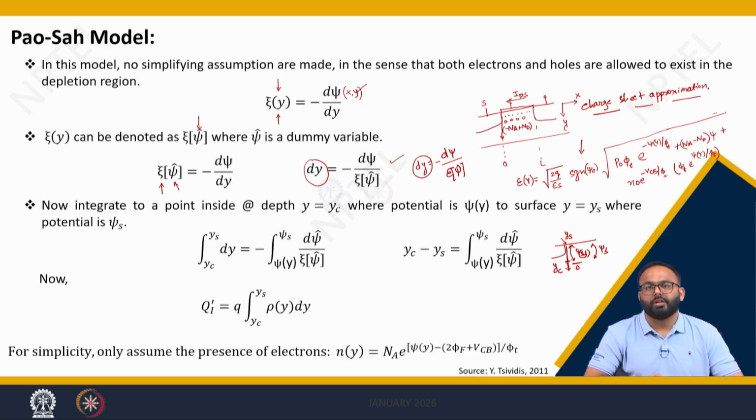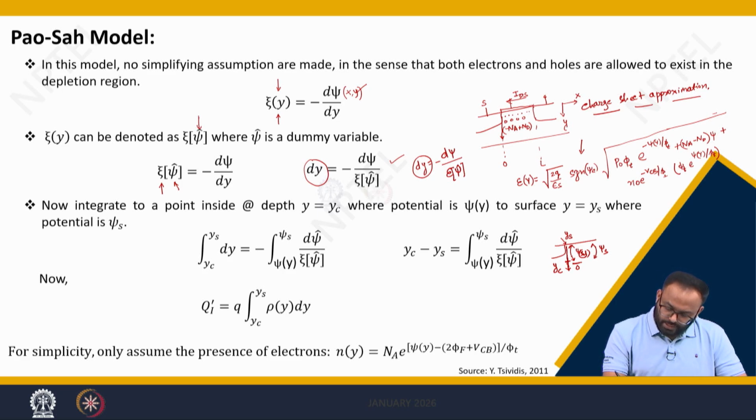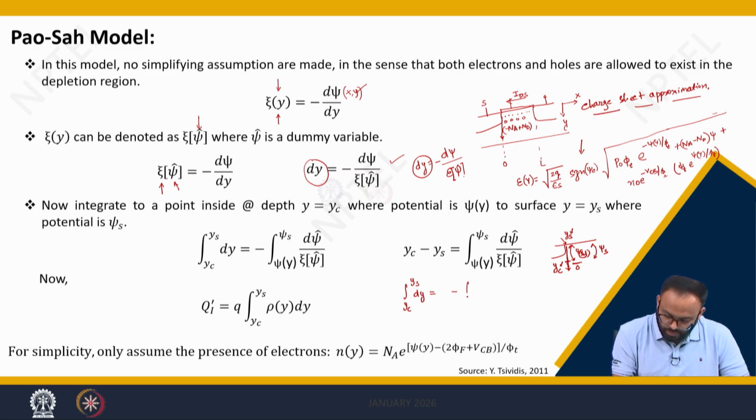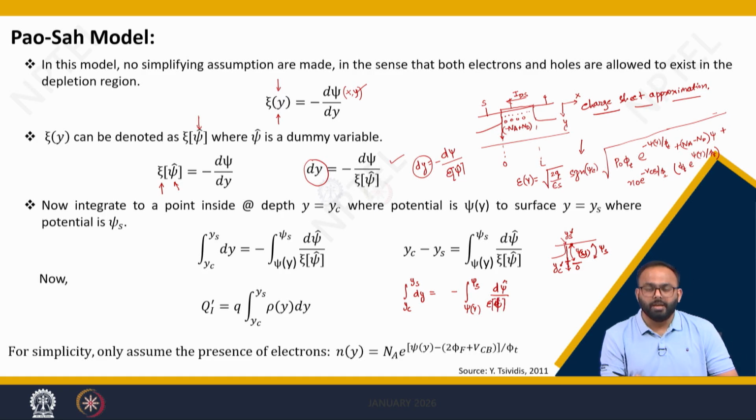When we were solving for the inversion charge as well as the electric field, we kept this as our boundary condition. So here, for the sake of general analysis, we consider that this is Yc and this is Ys. The total potential between them is psi y. So I can rewrite this equation as the integral from Yc to Ys of dy is equal to minus the integral of d psi by E of psi cap, taken with proper limits from the potential at Yc to psi s, changing the variable to psi cap.